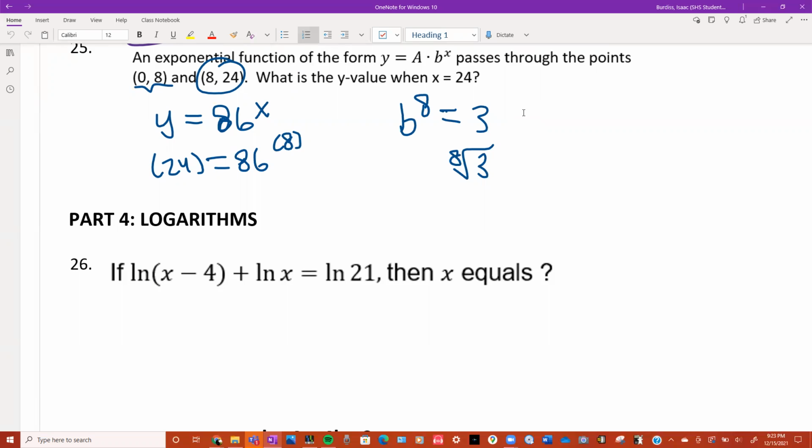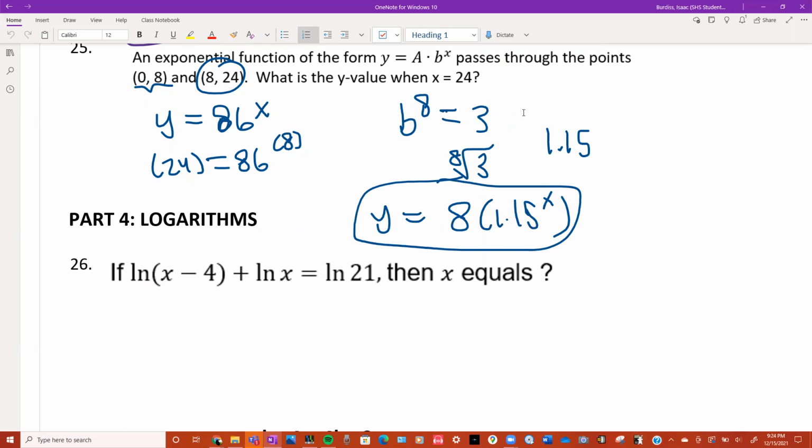The 8th root of 3, which, by the way, you can do by math on the calculator, and then number 5, where it has the x of the square root thing. And that means that 1.15 is the base. So the equation for this is this.